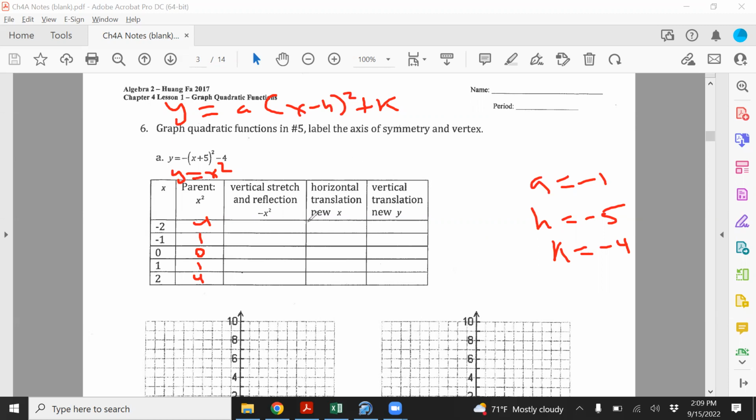Okay, let's start with x. Let's get the new x here. We're gonna shift 5 left. So what this means is you have to subtract x by 5.